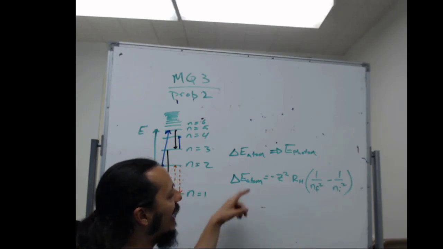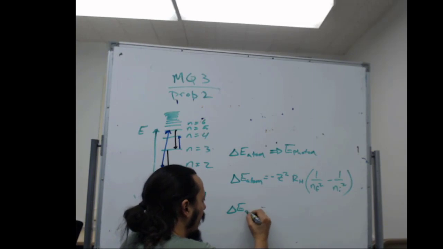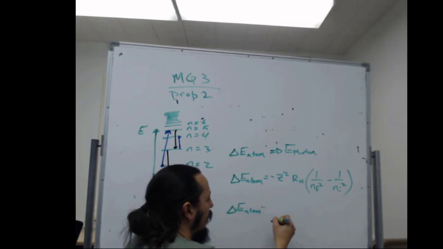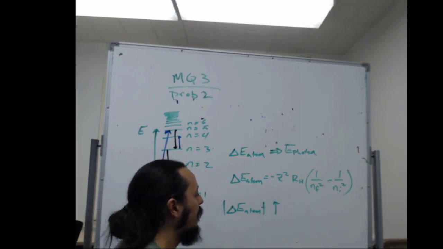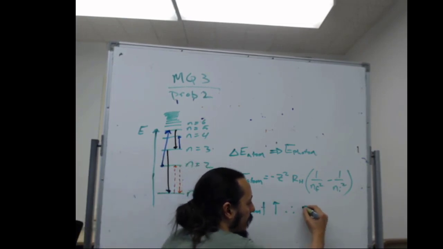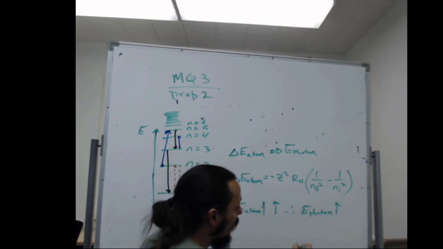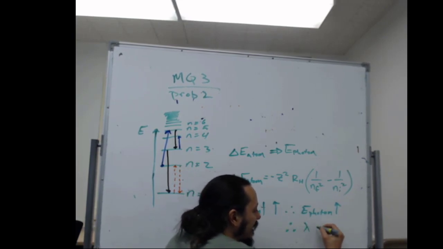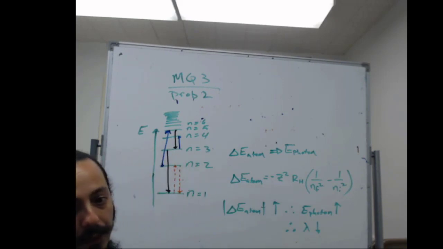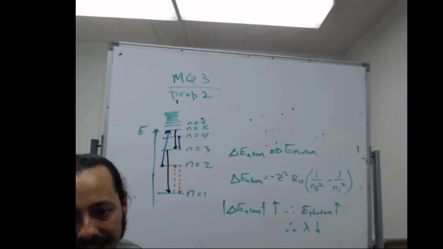And since delta E of atom is related to the energy of the photon, as the absolute value of the energy of the atom goes up, the energy of the photon goes up, but we have to remember photon energy to wavelength is an inverse relationship, so the wavelength should go down, right? Increase in energy, decrease in wavelength.